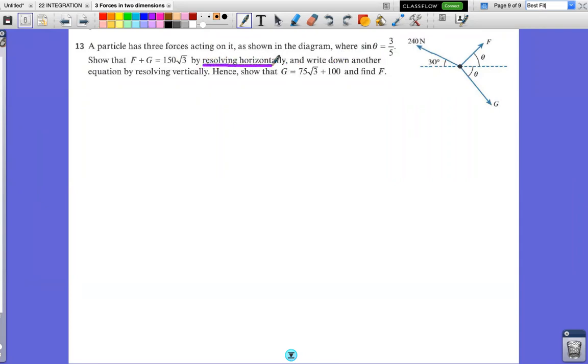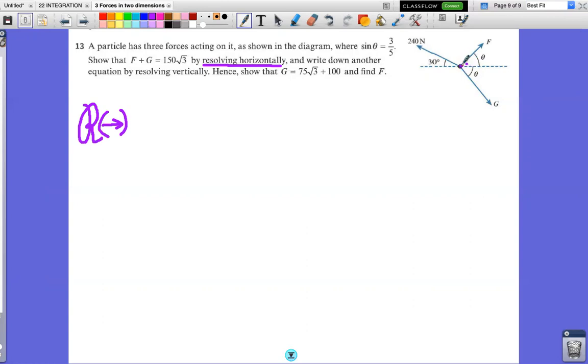Resolving horizontally, that is what I meant by you indicate with this. So you resolve horizontally. It's the same problem we solved before.